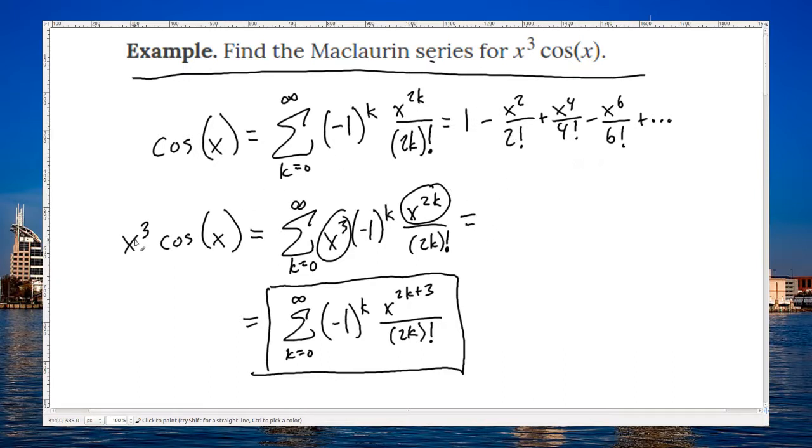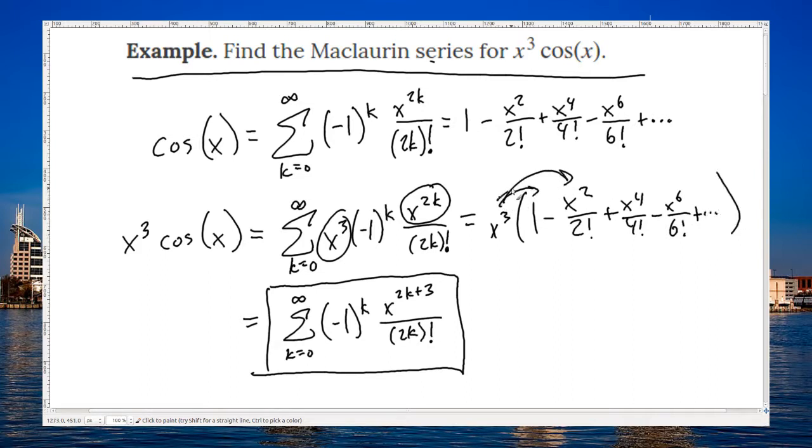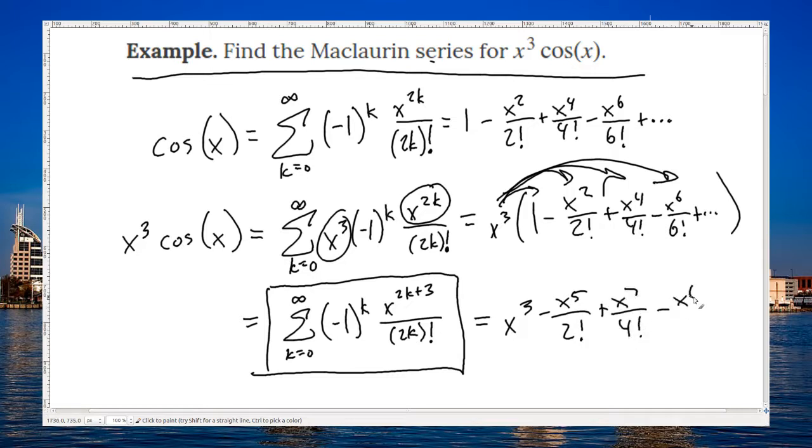Okay, what would this look like in terms of the first few terms of that polynomial? Well, I could actually just take this x cubed and multiply it against those first few terms of the polynomial. So basically I'm just distributing that x cubed across all those terms, and I get x cubed minus x to the 5th over 2 factorial, x to the 7th over 4 factorial, x to the, 6 plus 3 is 9 over 6 factorial, so on and so forth.